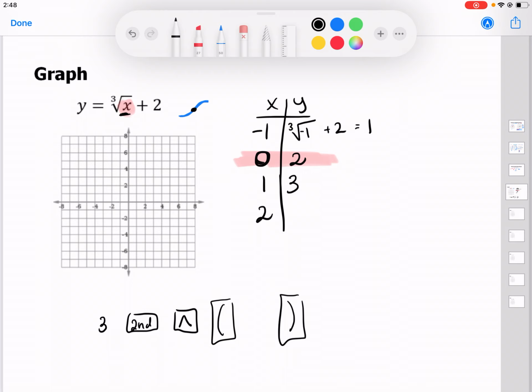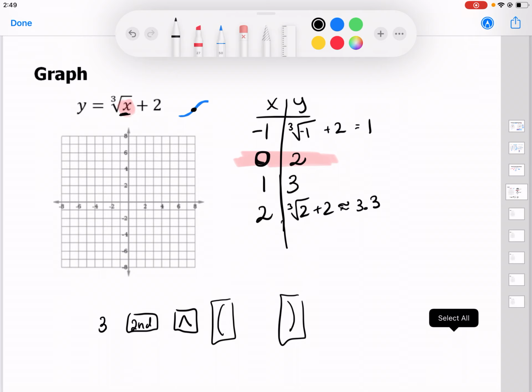Cube root of 2 plus 2. Now I don't know the cube root of 2. So that's one that I might have to do in my calculator, and that's okay. So cube root of 2 plus 2 is about 3.3 if you round.